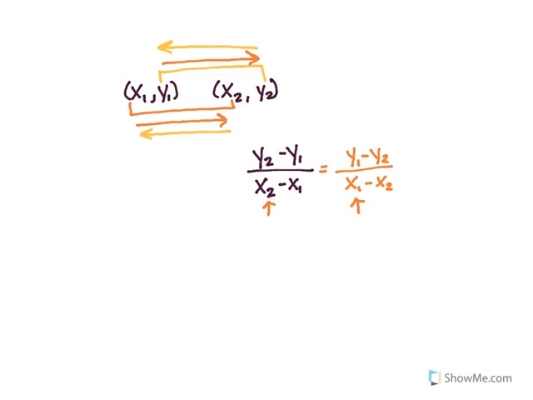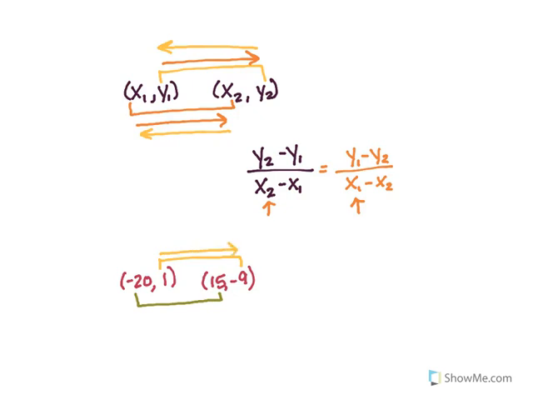So let's try this out with 2 points. We're going to use negative 20, 1 and 15, negative 9. So when we do this, y's are going to be on top and x's are going to be on bottom. So I'm going to work this way.